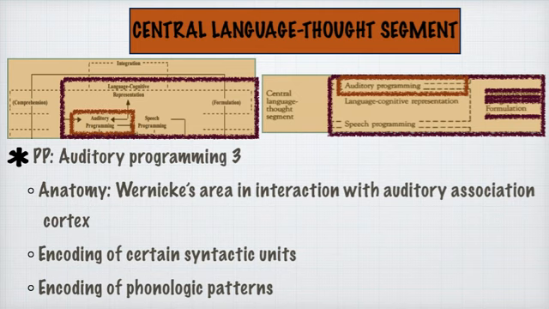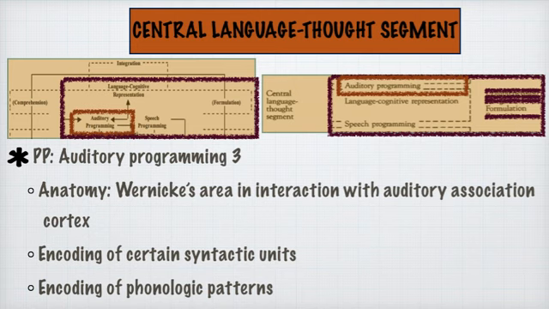And this part is the encoding of certain syntactic units, encoding of phonologic patterns. I think it gives you an idea. This part is encoding the sounds for production. What will I produce, what sounds, how will I arrange the syntax and the sounds.